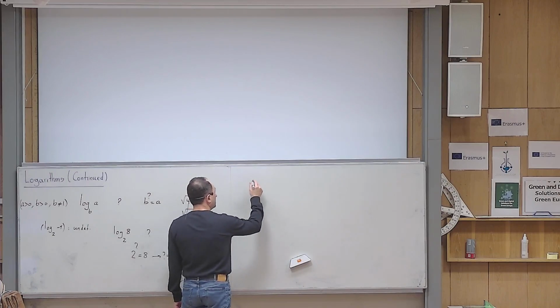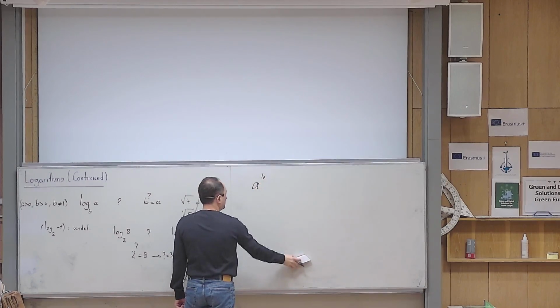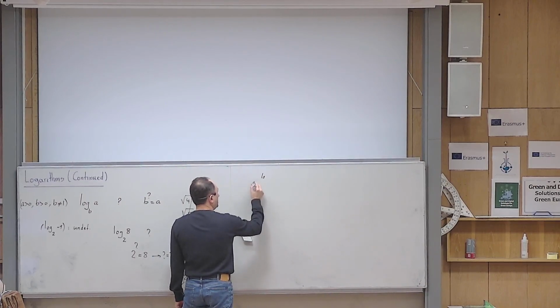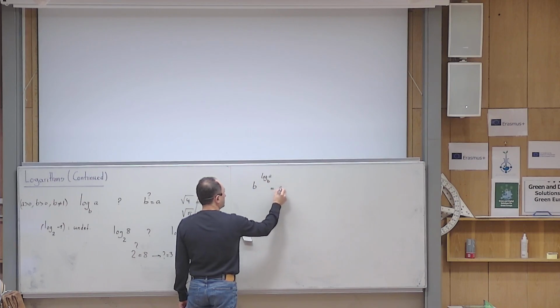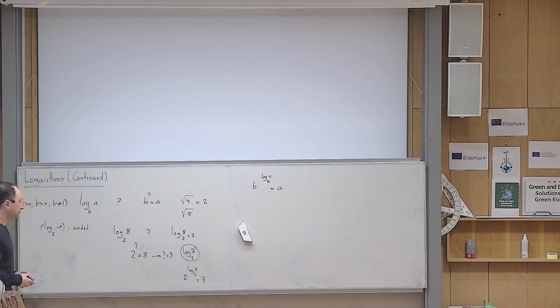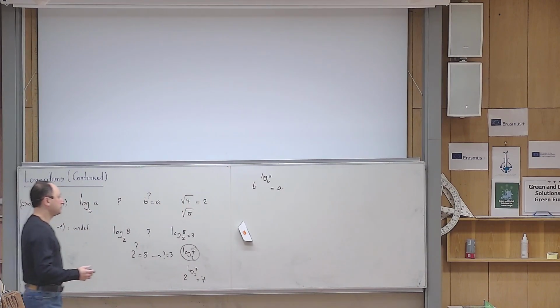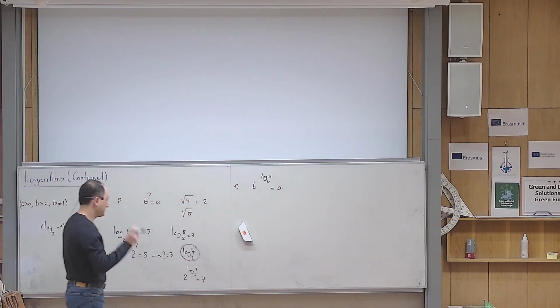So one formula that we learned is that b to the power of logarithm of a to the base b is what? It's always a. So this was the first formula. This is not a formula, to be honest. That's the definition of the logarithm, yes? So that was the first formula in our list.